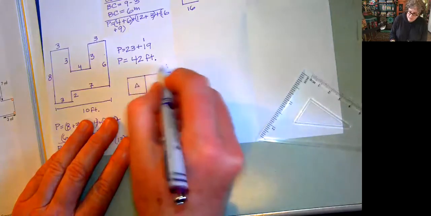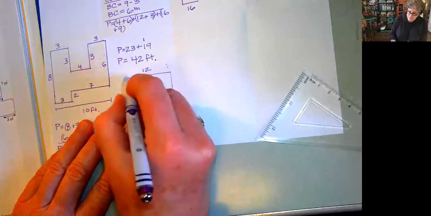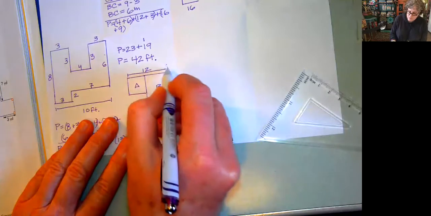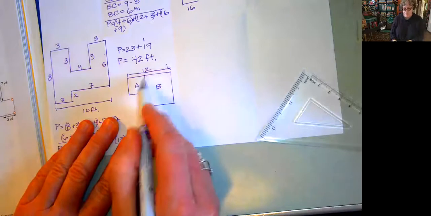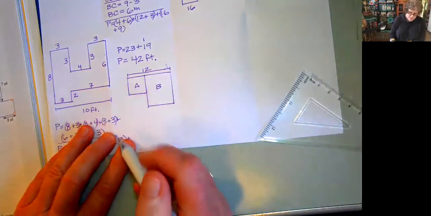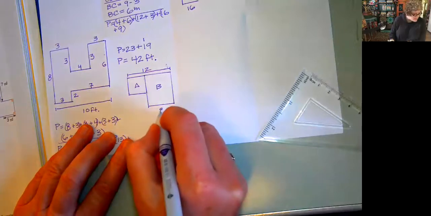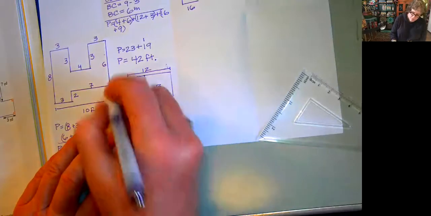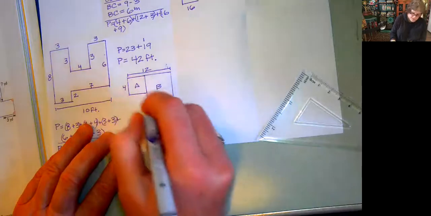This whole length is 12. So from here to here is 12. That's a problem because we're going to need to know A and B separate, right? This is 8. This is 4. This is 3.